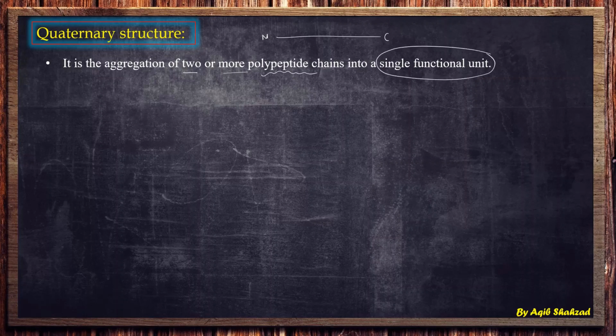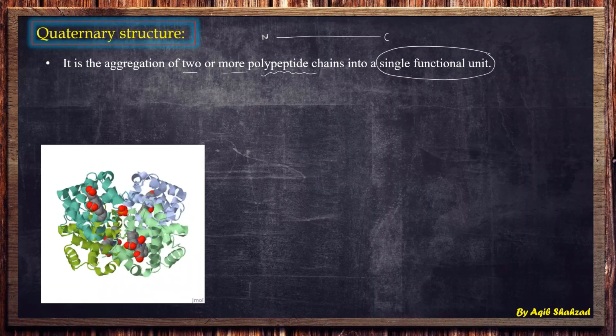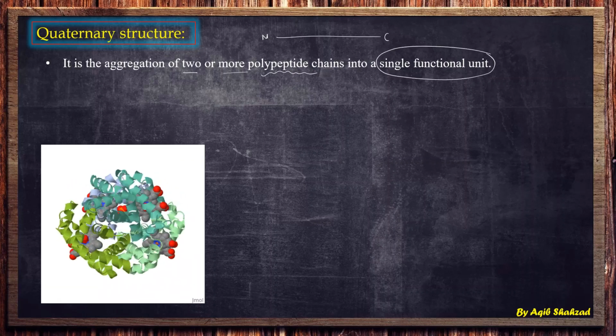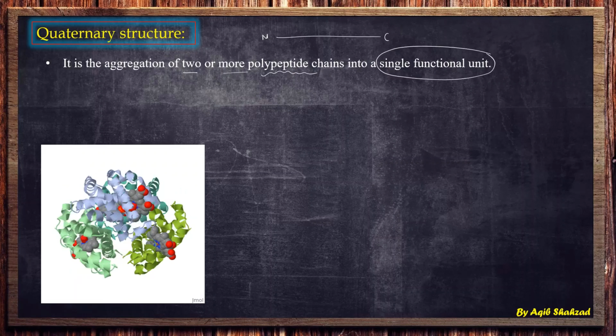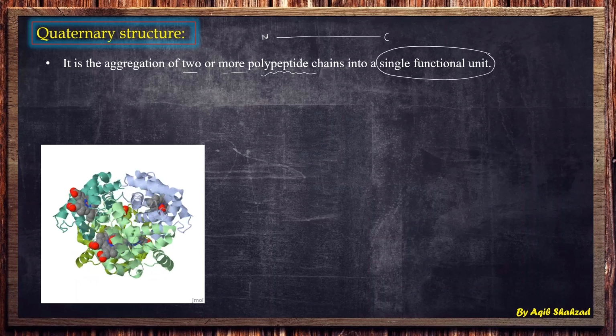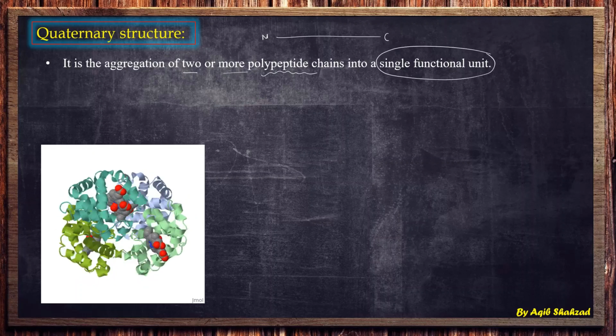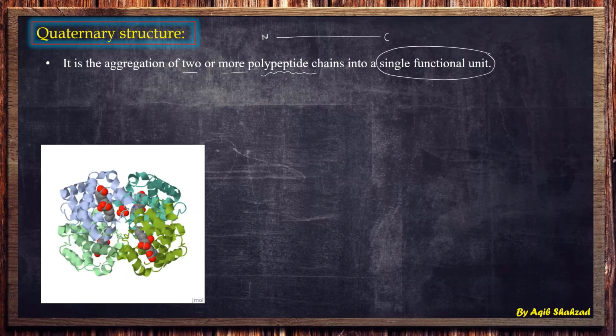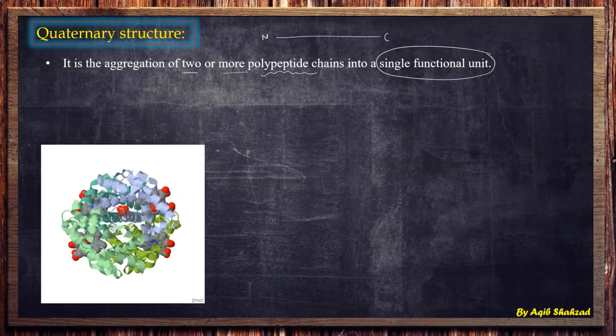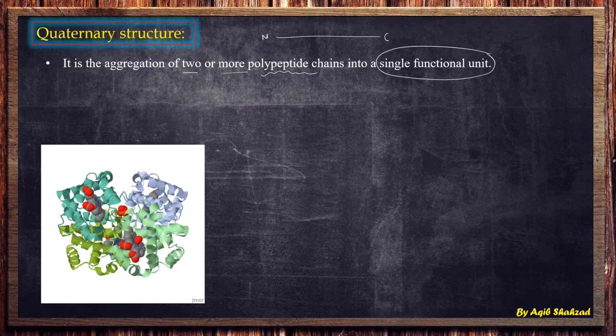They combine and make a single functional unit like this. As we can see, there are different colors, which are ribbons moving around. They depict different polypeptides which have been joined together by different types of interaction.